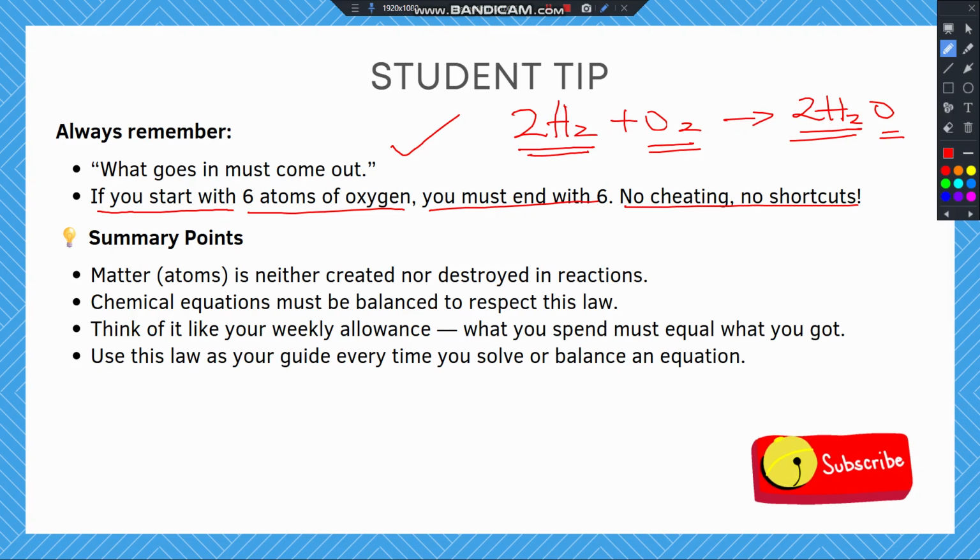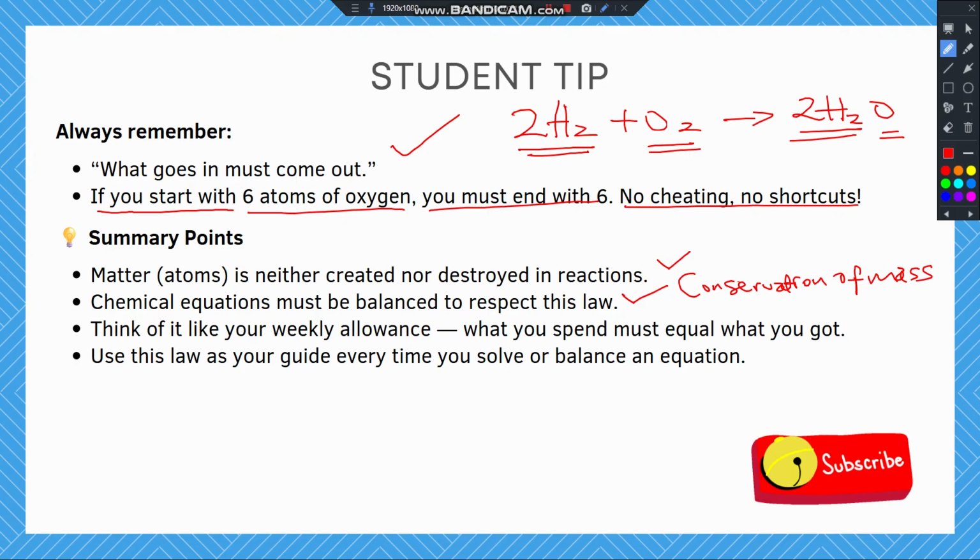So here is a summary of all the points in this video. Matter or atoms is neither created nor destroyed during chemical reactions. Chemical equations must be balanced to follow this law. What law are we talking about? The law of the conservation of mass.